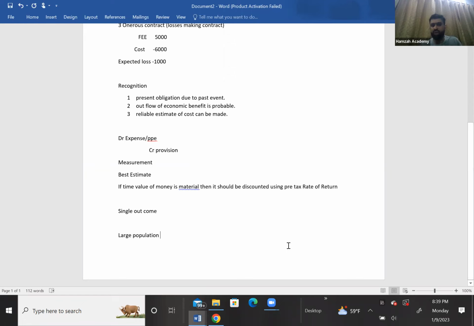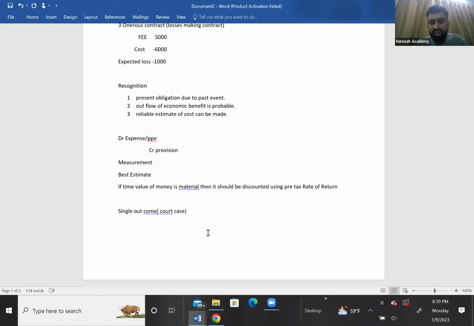That is also very important. Single outcome means, let's say we are talking about a court case. A court case would be a single outcome, whether it's going to be in your favor or against you. So a court case is an example of a single outcome.